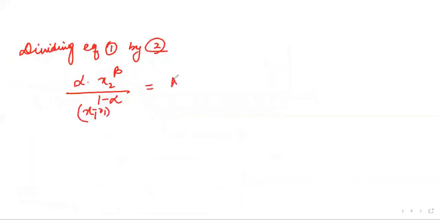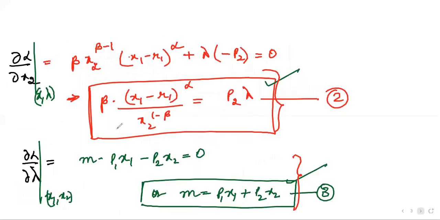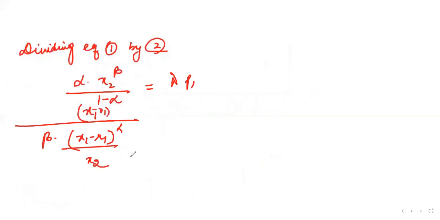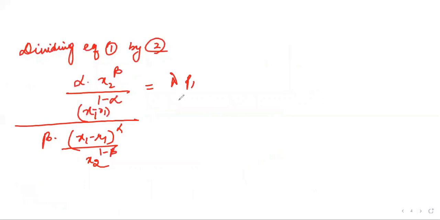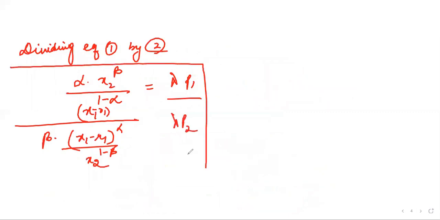And if I divide this by the other equation, this is beta (x1 minus r1) to the power alpha x2 to the power 1 minus beta, and if I divide this side, I get p2 lambda. This is what I'm getting.